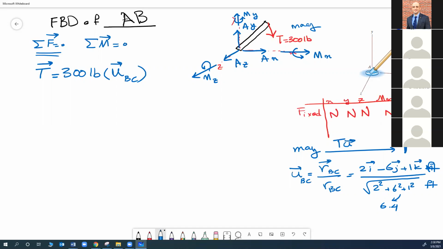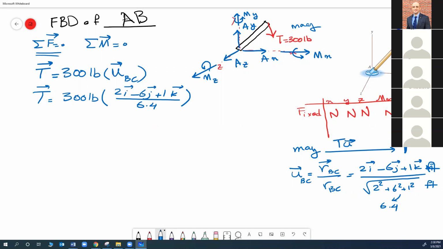So my T is going to be 300 pounds, and that unit vector, 2I, 6J, 1K, divided by 6.4.